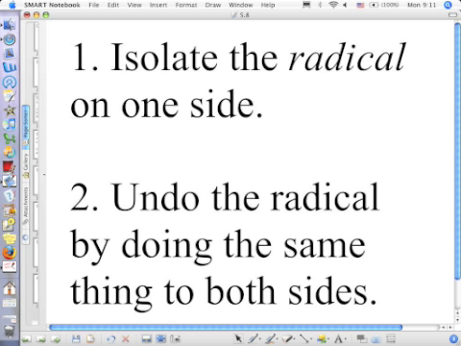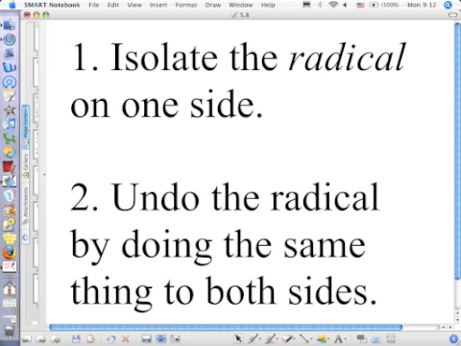The first thing we're going to do is isolate the radical on one side of the equation. Anything that's under that hat, it's a grouping symbol. We're going to get everything else on the other side. After we've isolated the radical, we're going to undo it.